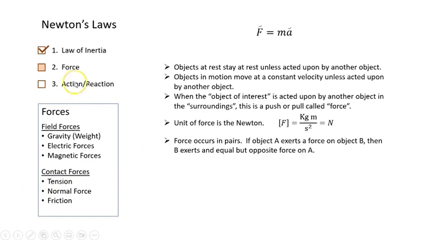Now, before we get into more about each of these types of forces, it is important to note that forces occur in pairs. And this is Newton's third law, the principle of action and reaction. And that's a confusing term, but all it really means is that in an isolated environment, there can't be a net force acting on something, because that would mean it's not isolated.